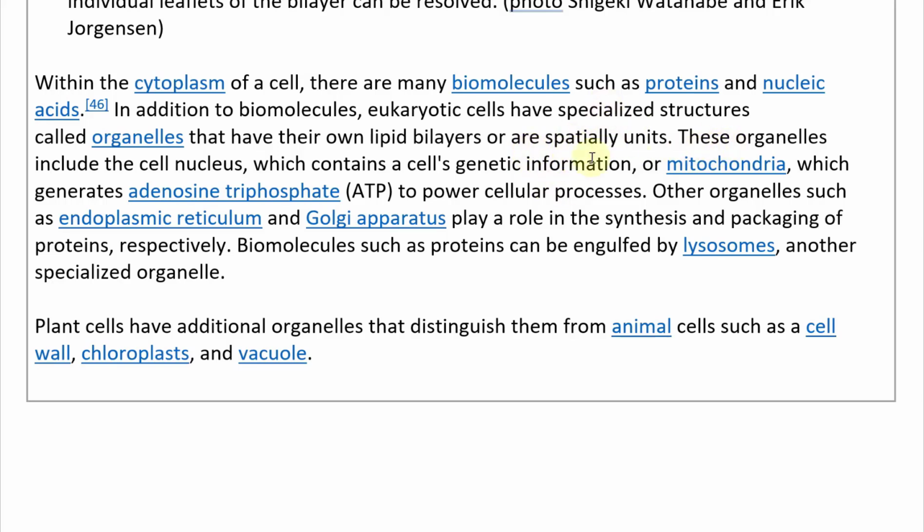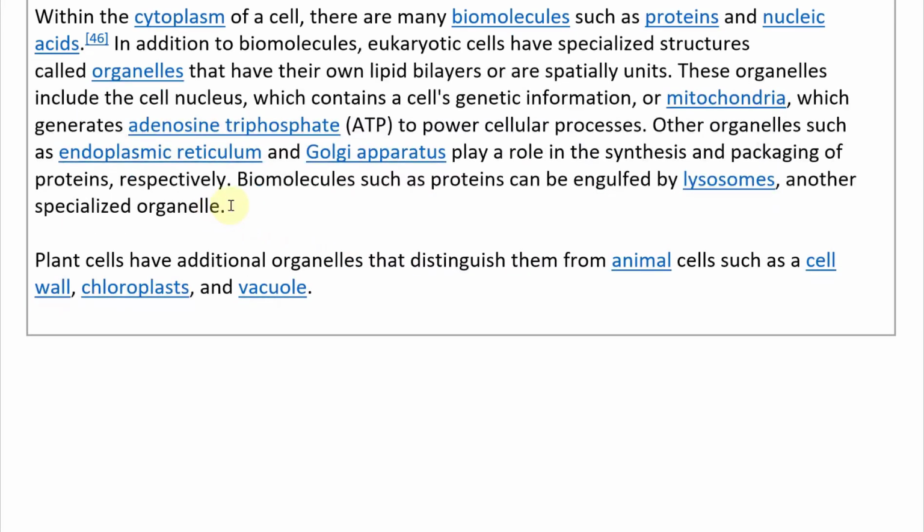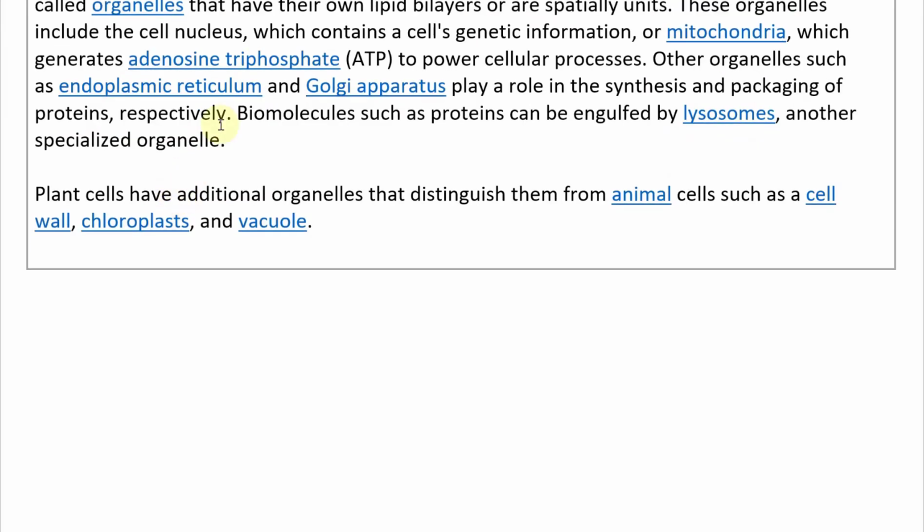These organelles include the cell nucleus, which contains a cell's genetic information, and mitochondria, which generates adenosine triphosphate, ATP, to power cellular processes. Other organelles such as the endoplasmic reticulum and Golgi apparatus play a role in the synthesis and packaging of proteins, respectively. Biomolecules such as proteins can be engulfed by lysosomes, another specialized organelle.